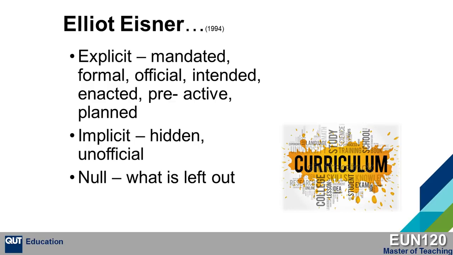By the implicit curriculum, Eisner was referring to the type of curriculum taught in a school because of the type of place a school is, the various approaches that are used, the context, the buildings, the reward systems, and so on. Sometimes this is referred to as the hidden curriculum or the unofficial curriculum.